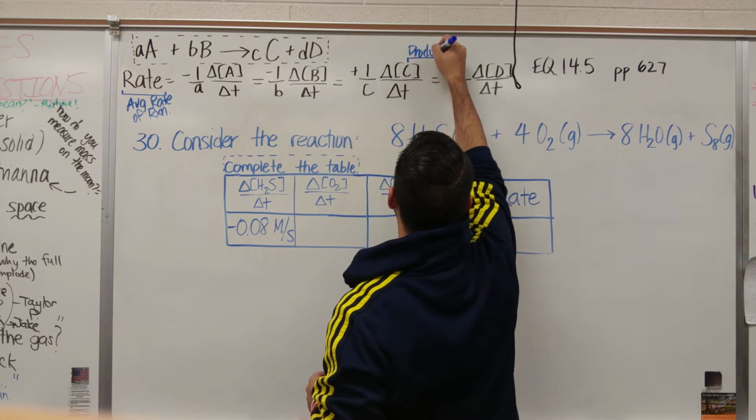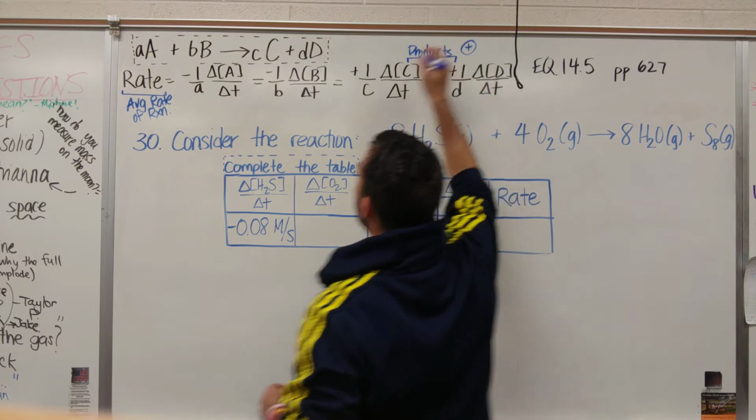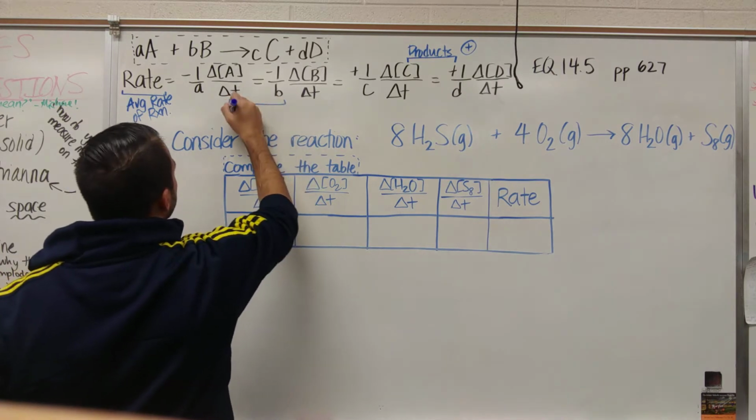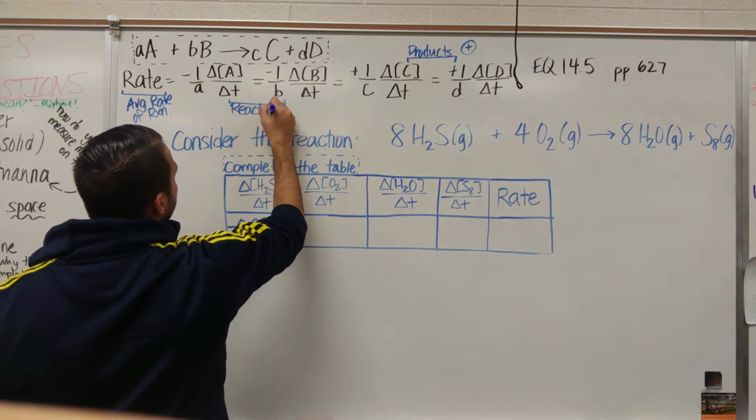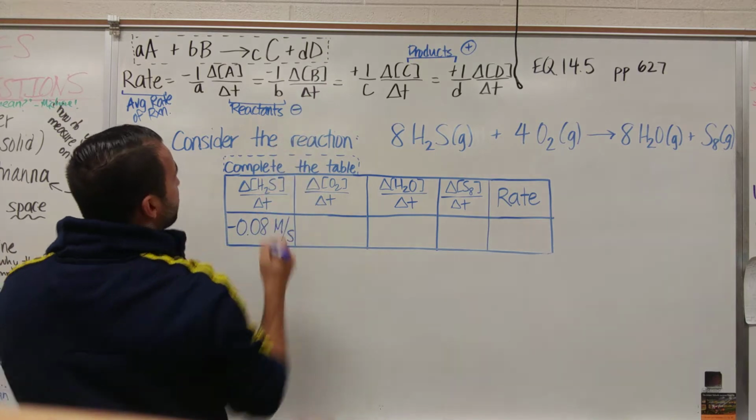These are my products, and they should be positive. And these are my reactants, and they should be negative, the rates of those reactants, right?